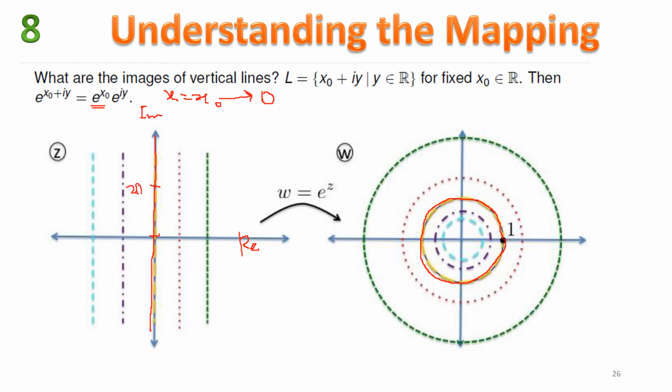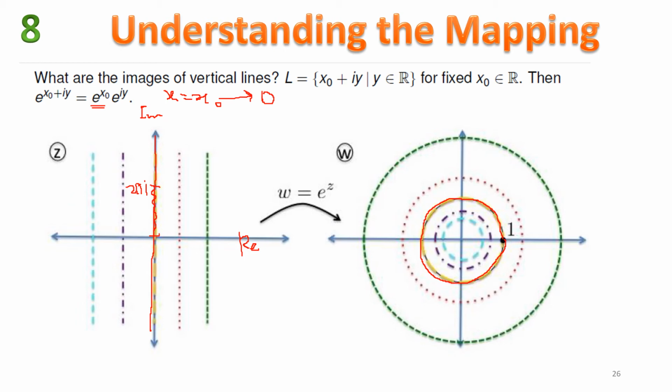So when we reach up to 2 pi I, I am talking about this very portion of the line, and that traces a circle. If I go beyond, it will trace the circle again, and downwards also a similar thing is happening.